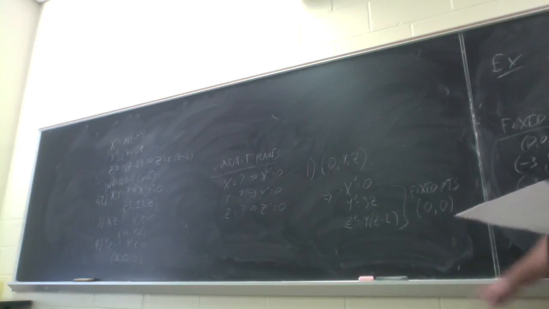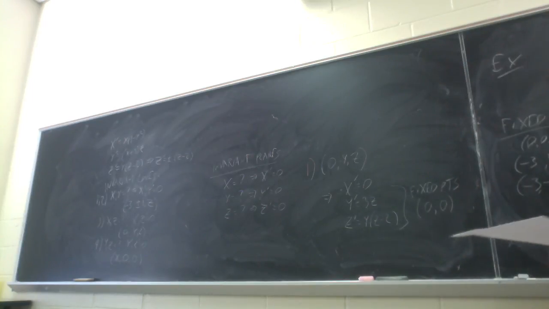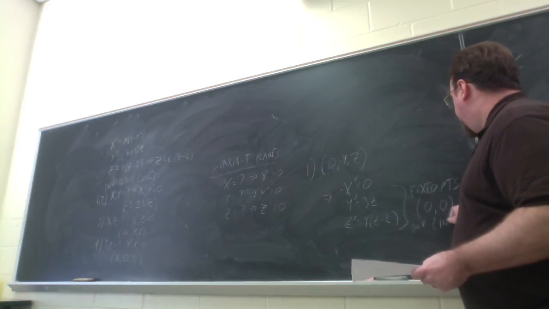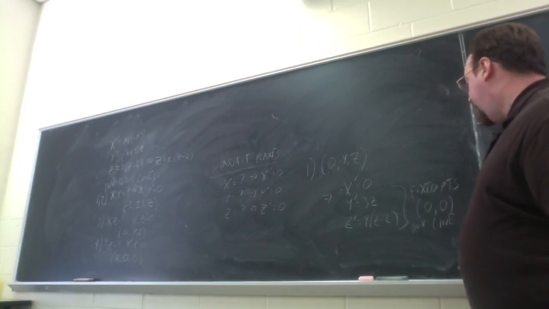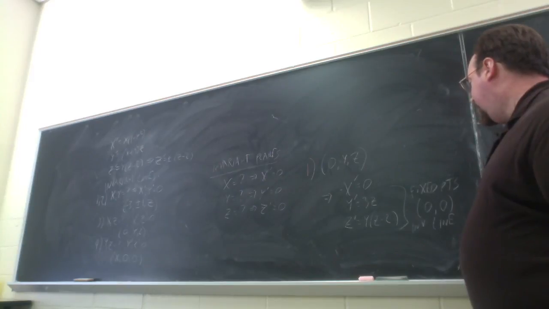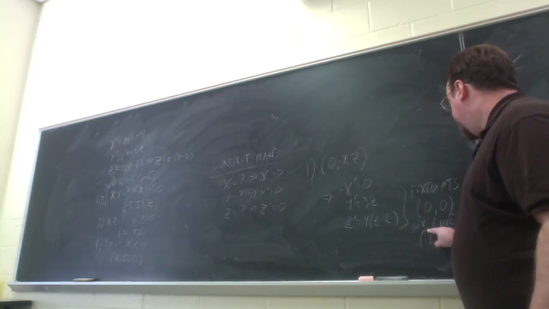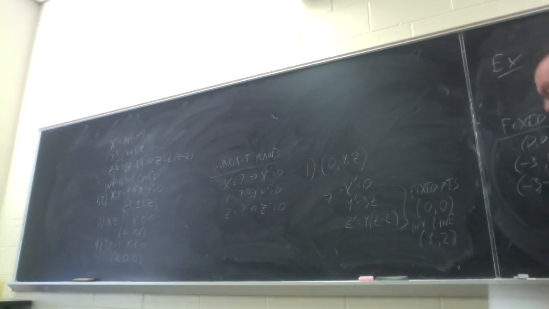You can also look at this scaled-down system for invariant lines. So an invariant line of this system is you can set z equal to 2, and y is untouched. Oh, shoot.